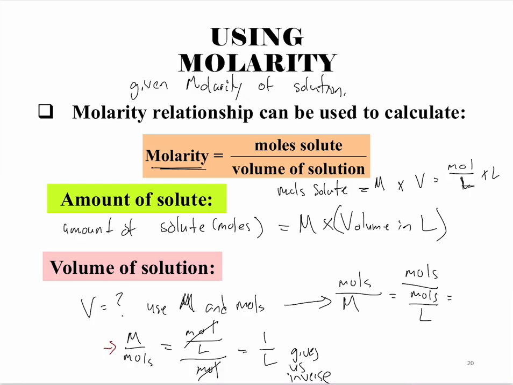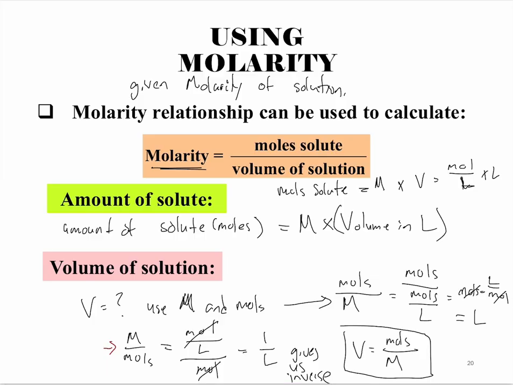This is the same thing as moles times liters over mole. These cancel out, and we're just left with units of liters. So if we want the volume of solution, we take the moles of solute and divide it by the concentration of that solution.